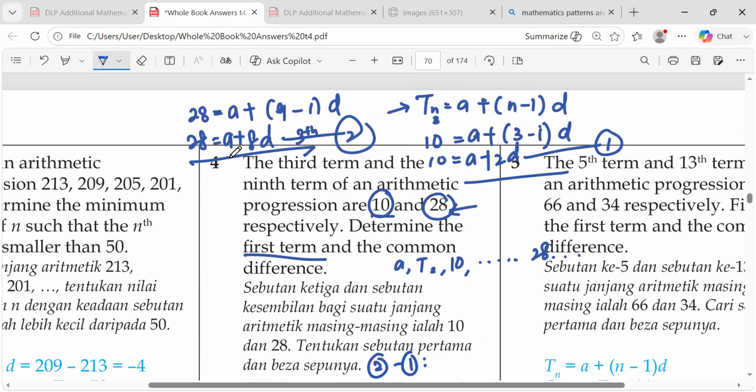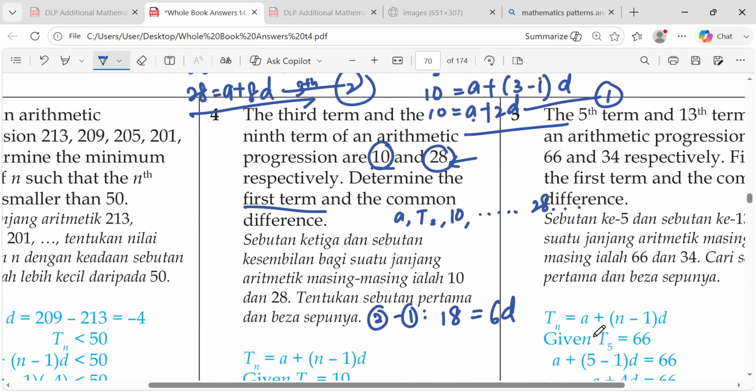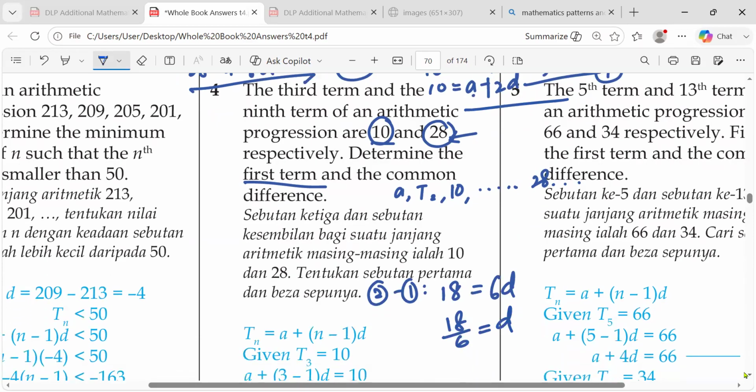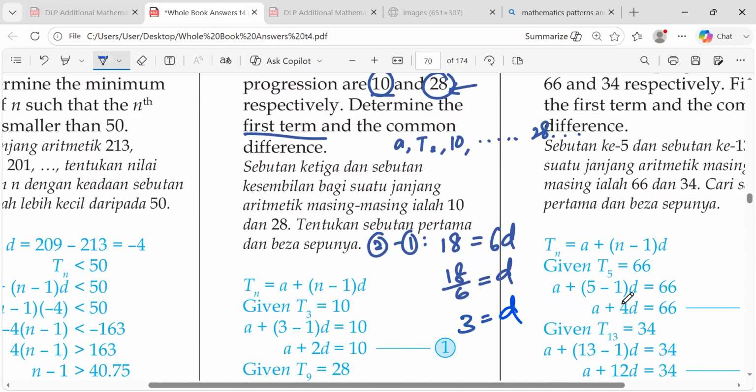So 28 minus 10, I get 18. A minus A cancels out. 8D minus 2D becomes 6D. So I get 18 over 6 becomes D. So 3 equals D. I get the common difference.